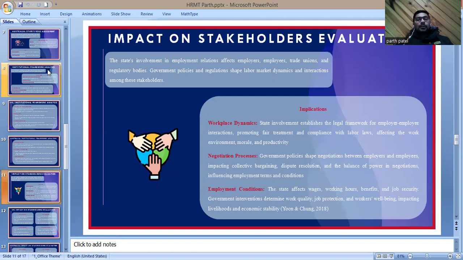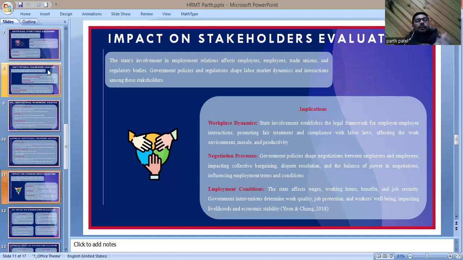Next, impact on stakeholders evaluation. The state government's involvement in employment relations affects employers, employees, trade unions, and regulatory bodies, and government policy and regulation shape labor market dynamics and intermediate among the stakeholders.